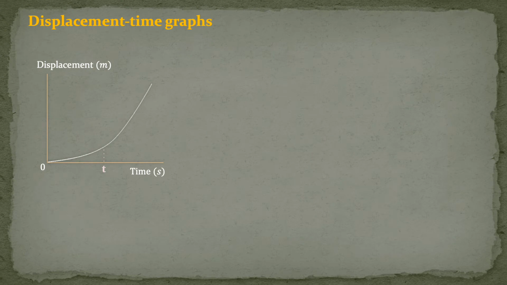Now let's look at a displacement time graph. The graph you see below of displacement against time represents precisely the same motion as that of the previous page. In other words, it's a uniform acceleration.